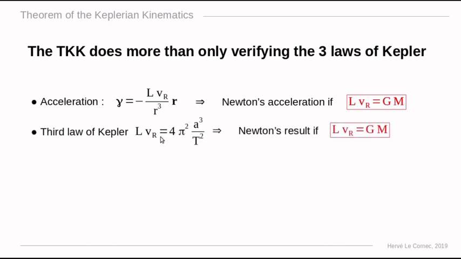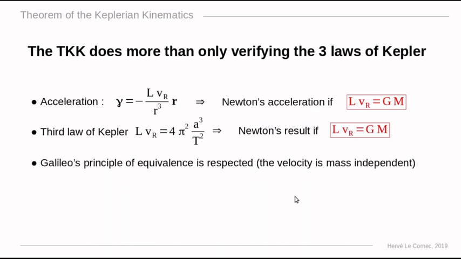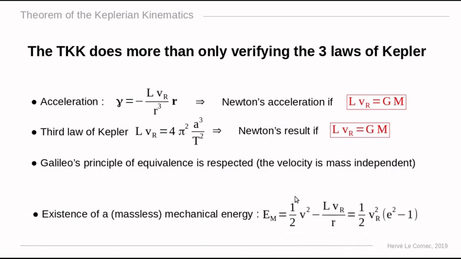The same condition is required to make Newton's postulate and the kinematics agree on the third law of Kepler, as we saw formerly. Note also that the theorem is consistent with Galileo's principle of equivalence, stating that the motion in a gravitational field must be mass independent, and this is because the theorem is itself mass independent.